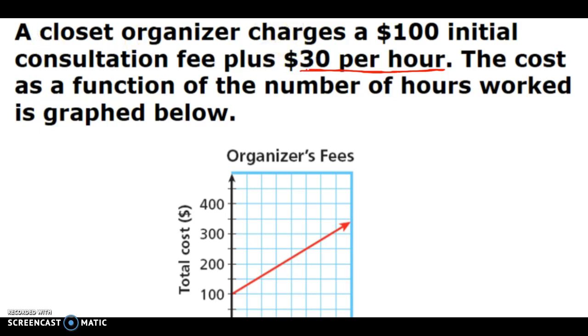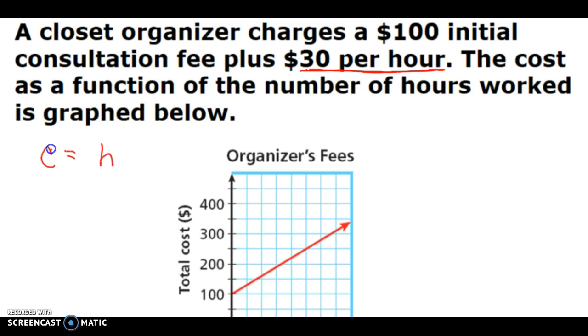What we want to do is be able to write the equation that represents the cost as a function of the number of hours. Remember our lingo. We always say y is a function of x. So we want to write a function, cost is a function of hours.